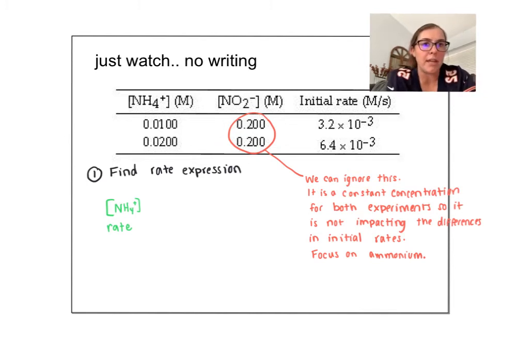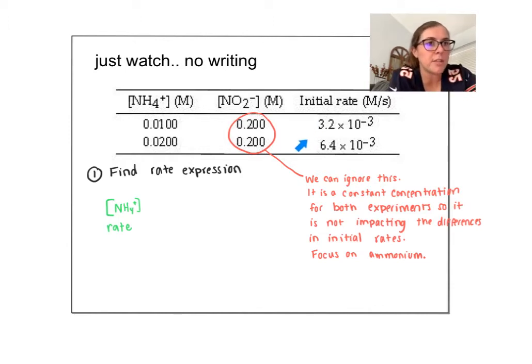Notice what I wrote in red here. We can ignore NO2- because it is the same in both experiments. It is not changing. So I notice that the rate changes in those experiments. What I can say is that the rate being different in experiment 1 to experiment 2 is not because of NO2. I know that because NO2 didn't change, right?